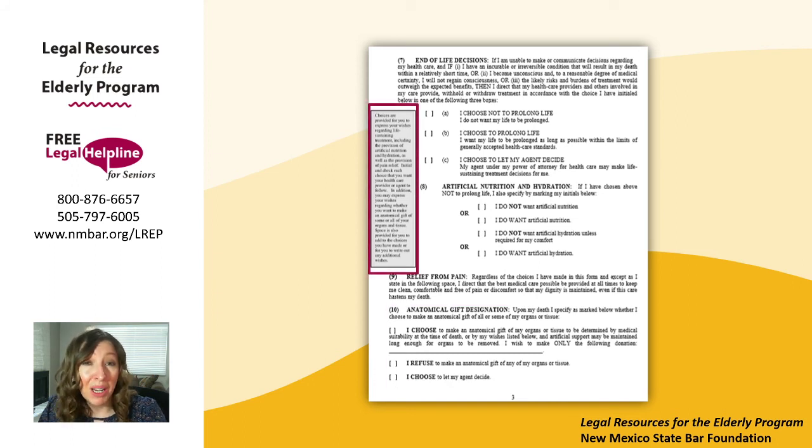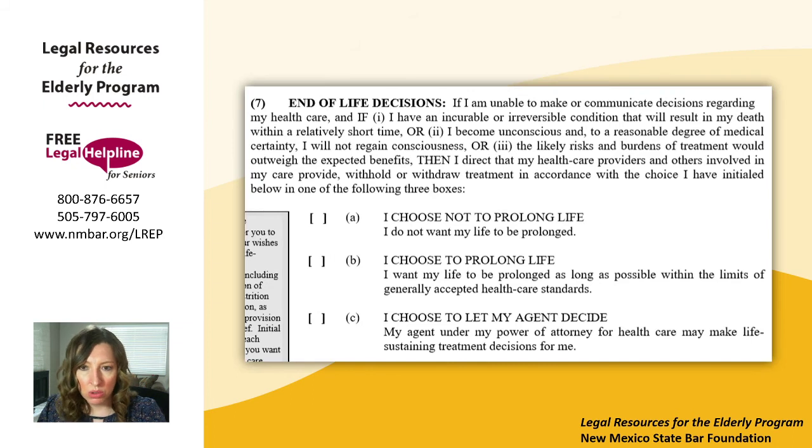As always, on page 3, you're going to find the gray box with written instructions for you to follow along. Taking a closer look at these individual sections, here in section 7, in regards to your end-of-life care, you can indicate if you choose to not prolong your life by putting a check in the box and initialing.